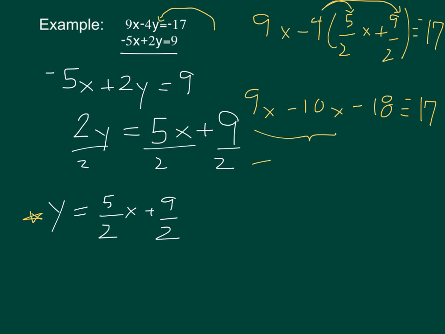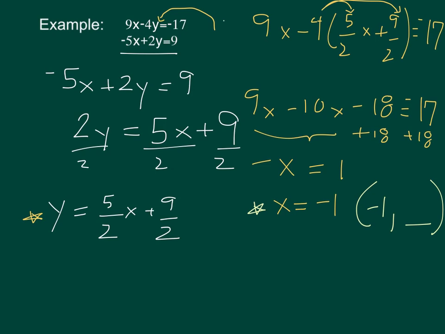Collecting like terms, we get minus x minus 18 equals minus 17. If I add 18 to each side, I get minus x equals 1, and x equals negative 1. That's just half the solution, right? So we get negative 1 comma something, and the question is, where do I get that something? I'm going to plug this x value back into one of the originals, and it doesn't matter which one I choose; I'll choose the first one.